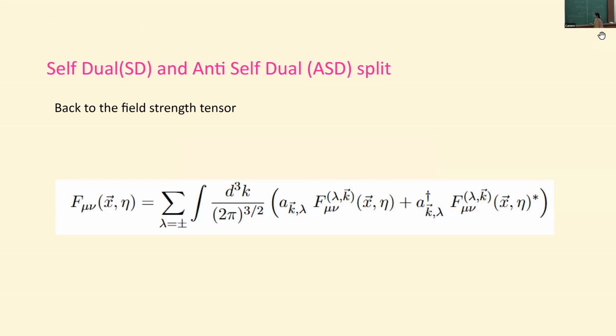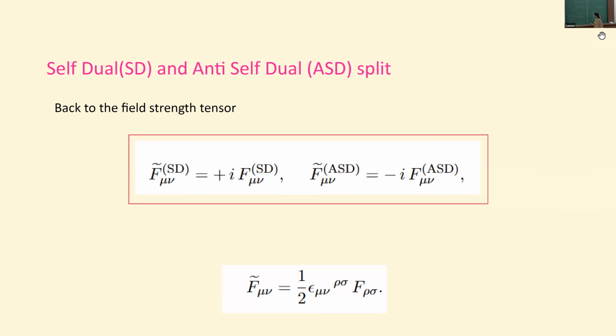Since we have the solution for the vector field modes, we can just compute the field strength. We can take their late time limit, and this is the transformation. This is what it means to be self-dual. If you pick up an overall plus or minus i, this is what it means to be anti-self-dual.